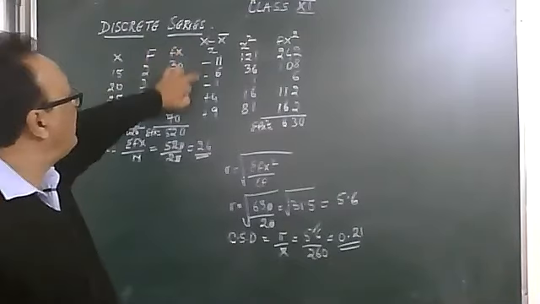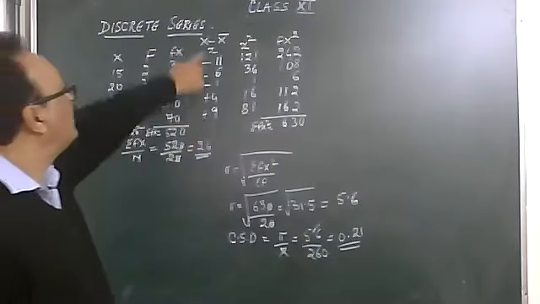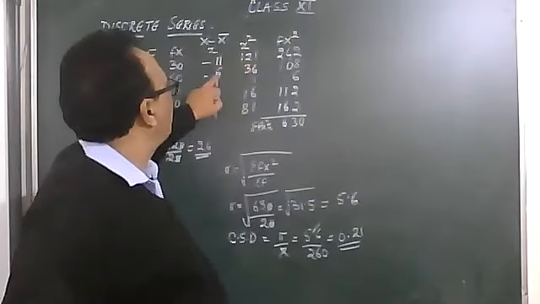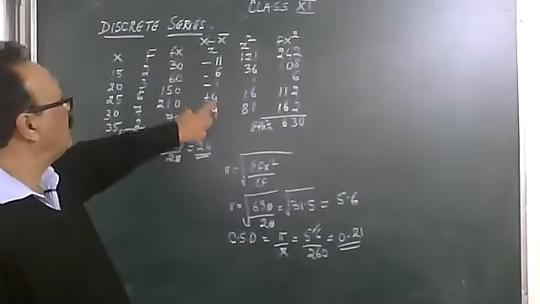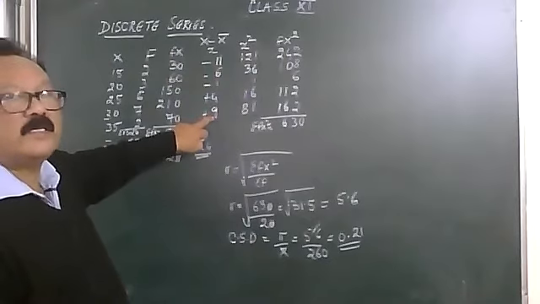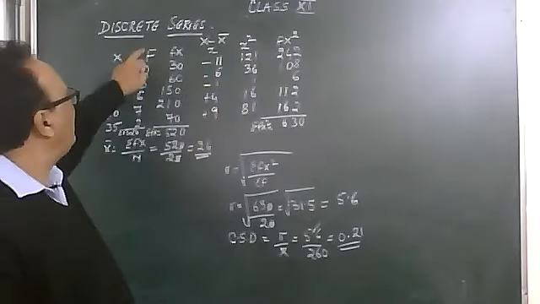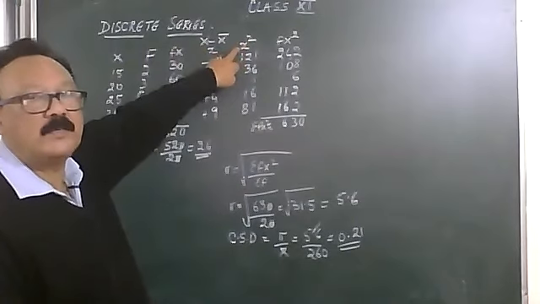How do we get rid of these signs? By squaring them. So x squared: 11 elevens are 121, 6 sixes 36, 1 one is 1, 4 fours are 16, 9 nines are 81. Then, since it is a discrete series, the frequency is multiplied by the squares.